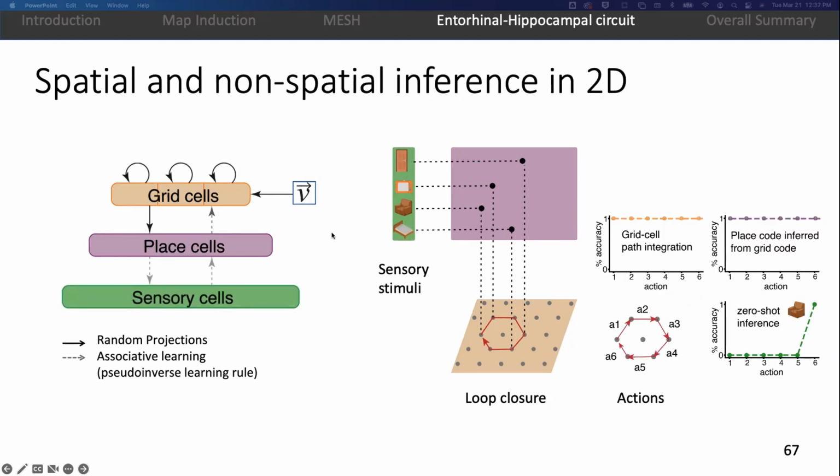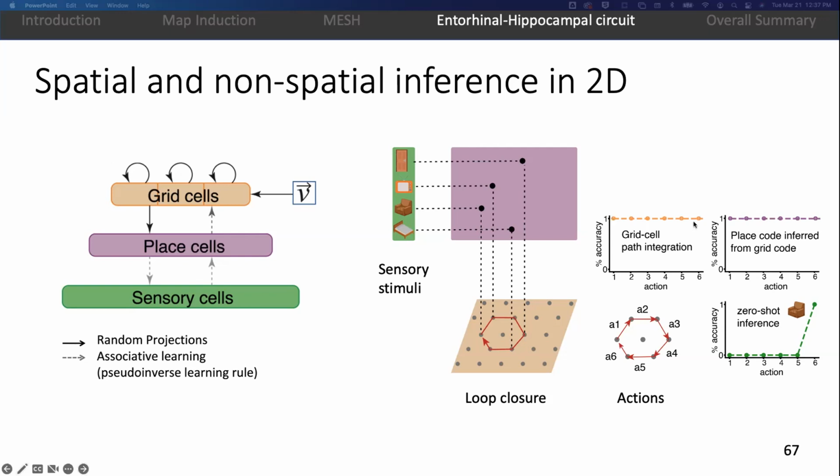And if we add the sensory layer, then we are now adding sensory cues onto these spatial locations, right? So now we can not only do spatial inference, but we can also do non-spatial inference, where these sensory cues are now associated with each of these locations. As we go through these locations, we can also predict what sensory cues are associated with each of them.